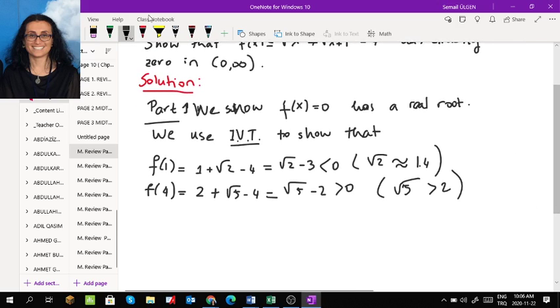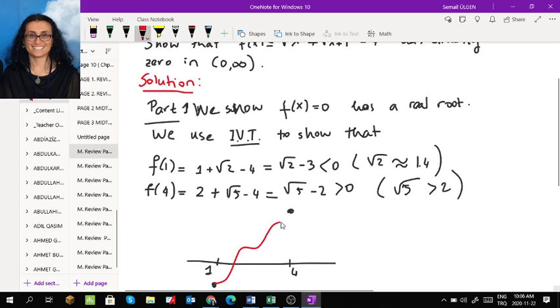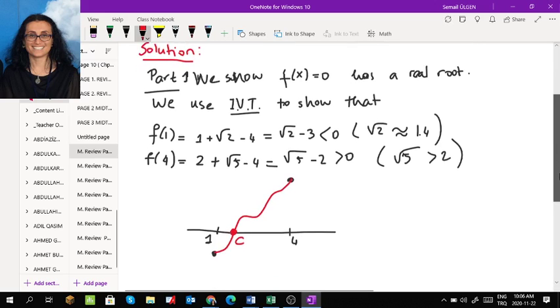You can consider that pictorially. We have 1 here, we have 4 here. At 4 we have a positive value. At 1 we have a negative value, and the function needs to go through the x-axis because it's continuous. So there's a c here where it becomes 0.